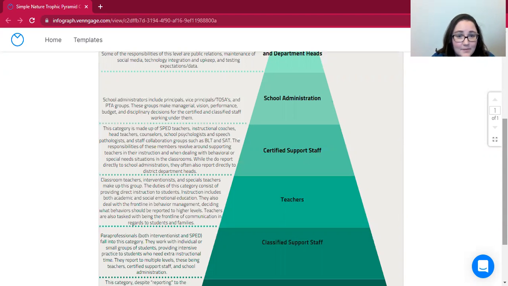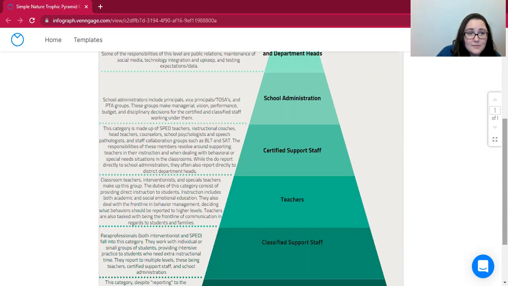Next up is certified support staff. And so this to me is like SPED teachers, instructional coaches, head teachers, counselors, school psychologists, and speech pathologists, and also staff collaboration groups like BLT and SAT, who make some contributions toward teachers as a whole and guiding them and helping provide them with instruction to improve their teaching.